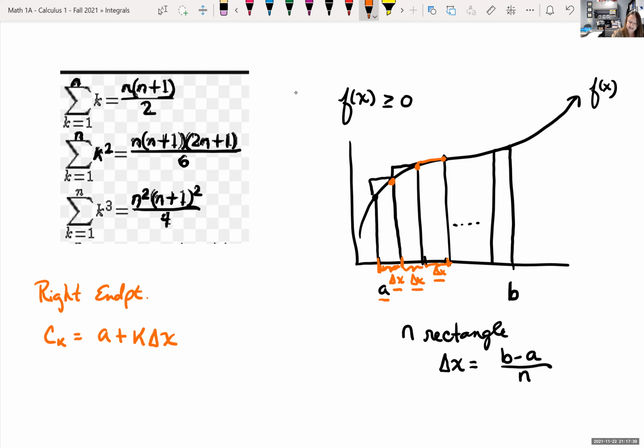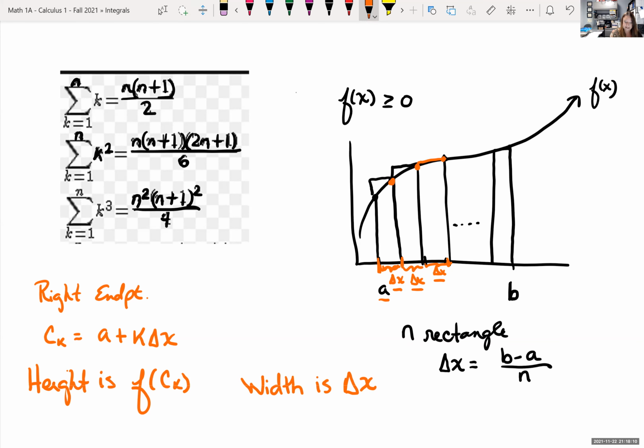And that's always going to get me to the right endpoint for my height. So then the height is f of C sub k. My width is delta x.